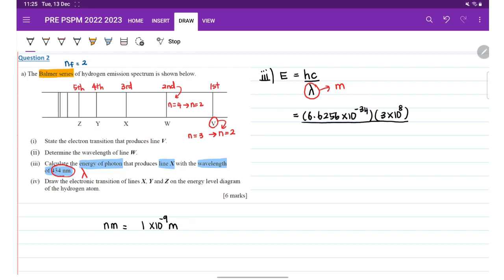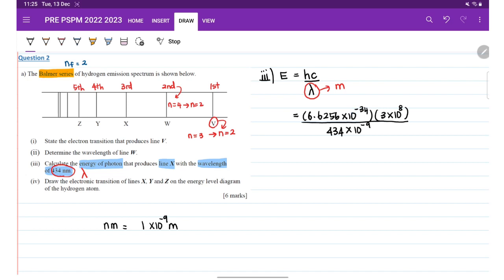Okay, jadi awak tak perlu ubah apa-apa nombor dekat sini. Awak just tulis sahaja balik. Okay, 434 dan letakkan darab 10 to the power of -9. So, you already get the value in meter. Okay, so just make sure letak dalam meter lah dekat sini.